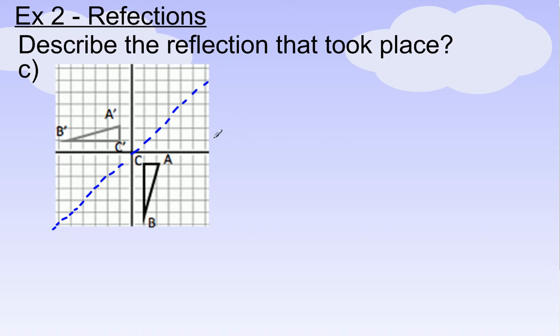So the reflection that took place here is reflected about this line. And those sorts of things happen. Usually it's going to be reflected across the x-axis or the y-axis, but sometimes it might be some other line like the one you see here, maybe like x equals 1 or y equals 5. But the goal right now is to be able to recognize that, yes, this is a reflection.